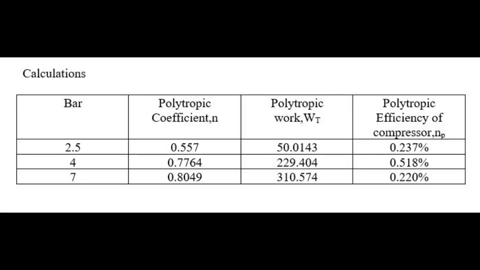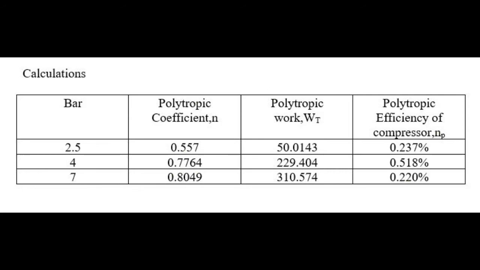For calculations, we managed to calculate the polytropic coefficient N, polytropic work W, and polytropic efficiency of the compressor. For the polytropic coefficient, the values obtained for 2.5 bar, 4 bar and 7 bar are 0.557, 0.7764 and 0.8049 respectively.